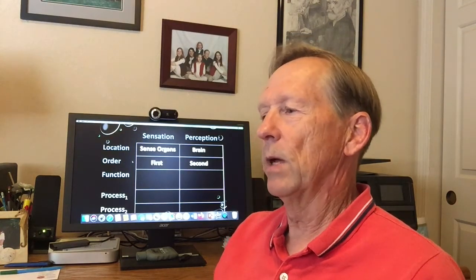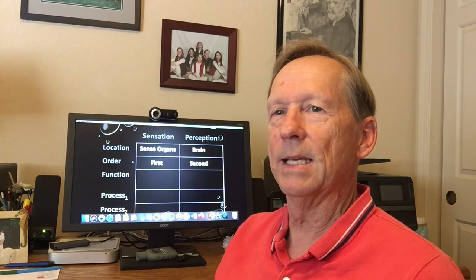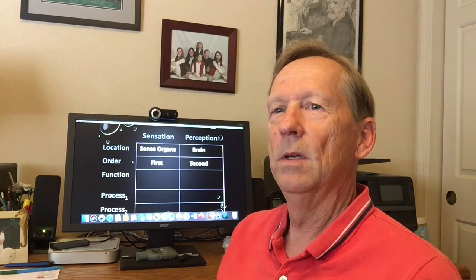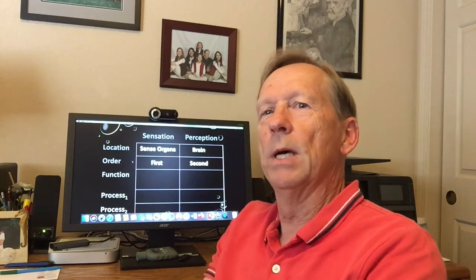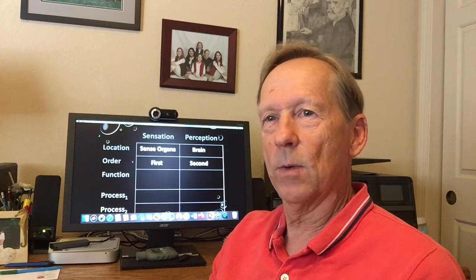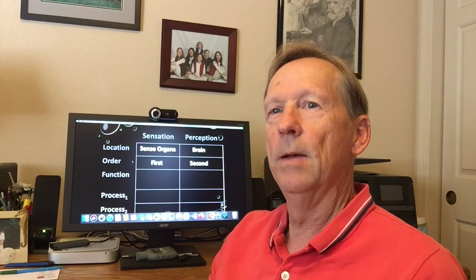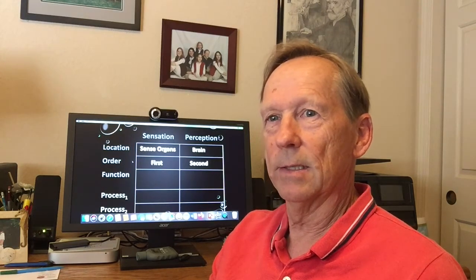So that's one reason why we want to be careful about something like ESP. It just doesn't make a whole lot of sense. It doesn't fit our normal understanding of things. Now, we'll come back to the most important reason as to why psychologists and scientists don't believe in ESP. But for now, let's just doubt it because it doesn't make sense.